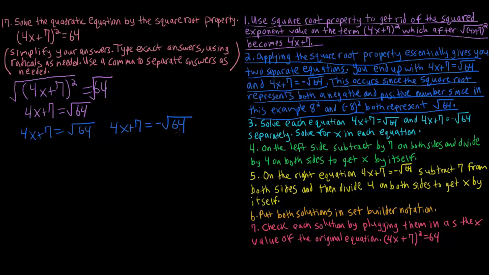So for step 3, we need to solve each equation. 4x plus 7 equals square root of 64, and 4x plus 7 equals the negative square root of 64 separately. We need to solve for x in each equation. So we need to solve each one of these equations separately, and for each one we need to solve for x.